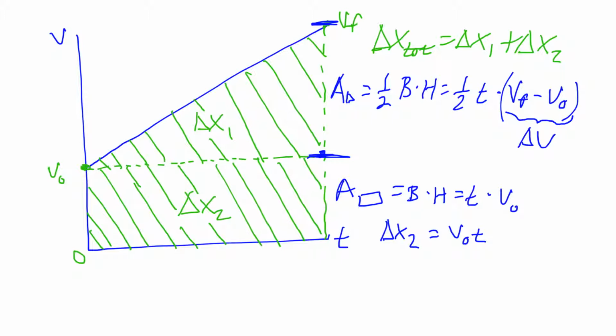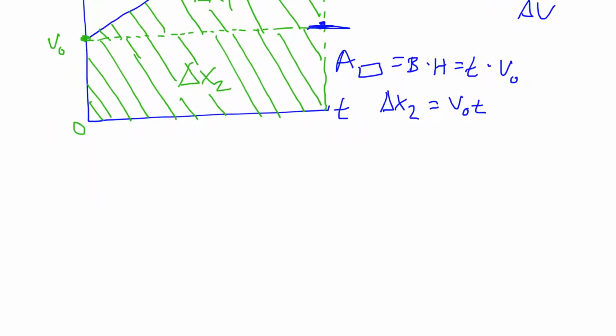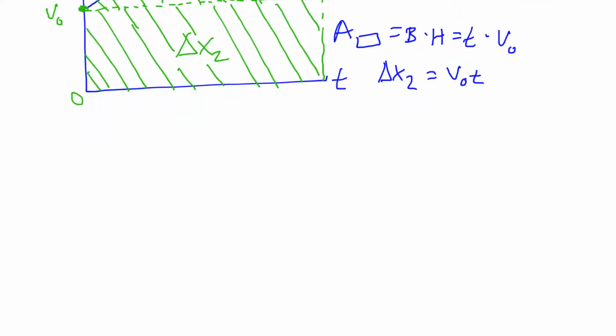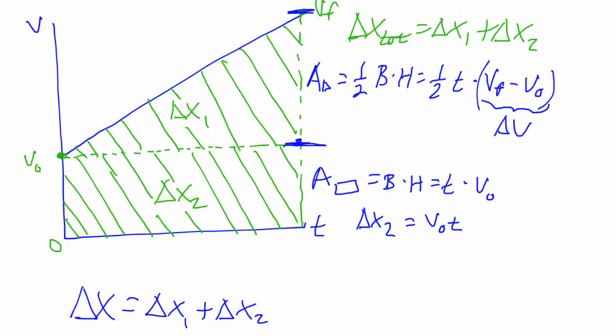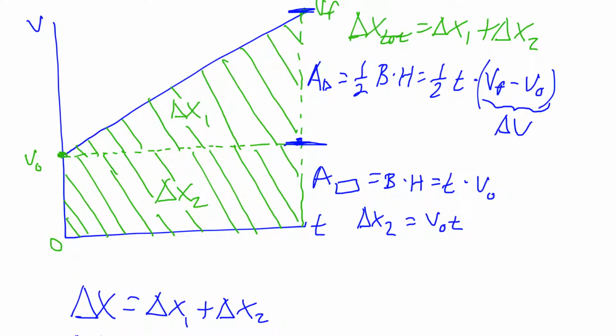So the total displacement is equal to delta x1 plus delta x2. The delta x1 we just figured out was this up here.